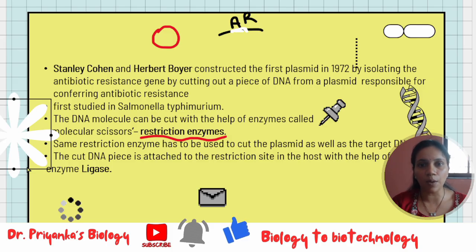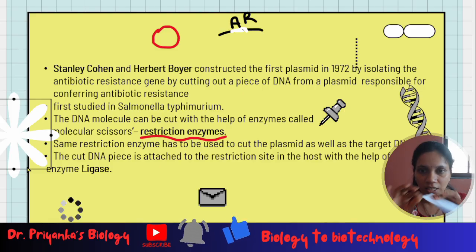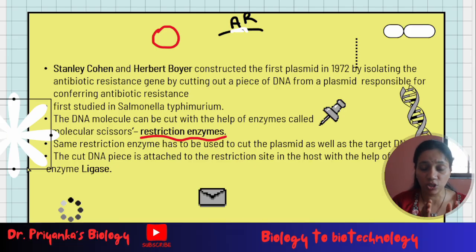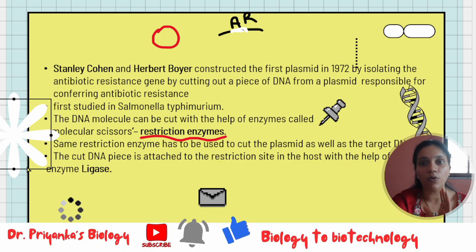Why I am giving you this example is that I want to tell you that restriction enzymes are also designed in a very specific manner. The way I need a particular type of scissor to cut this piece of paper and a different scissor for cutting a thicker part of that book, in the same way different restriction enzymes are required for cutting different types of DNA. We simply cannot use any restriction enzyme for cutting any type of DNA. That is point number one.